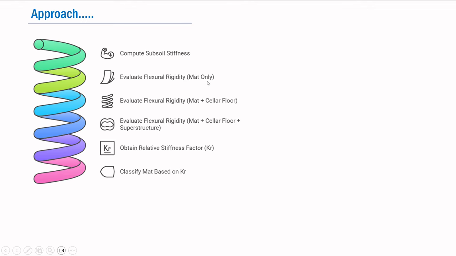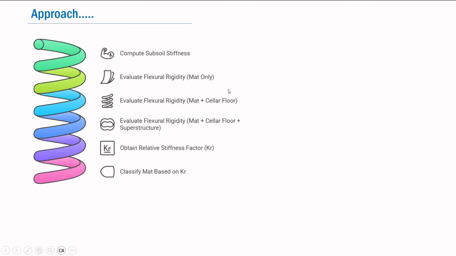In case 1, we will consider only the mat foundation. In case 2, we will obtain the flexural rigidity considering the mat plus the cellar floor system. Finally, in case 3, the rigidity calculation is made considering all the 3 components, namely mat, cellar floor as well as the superstructure.